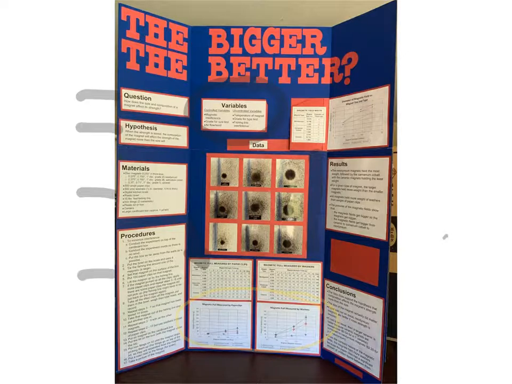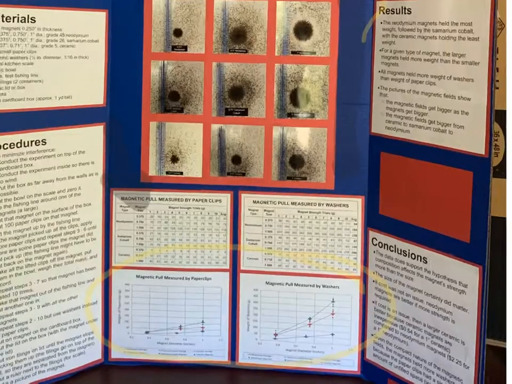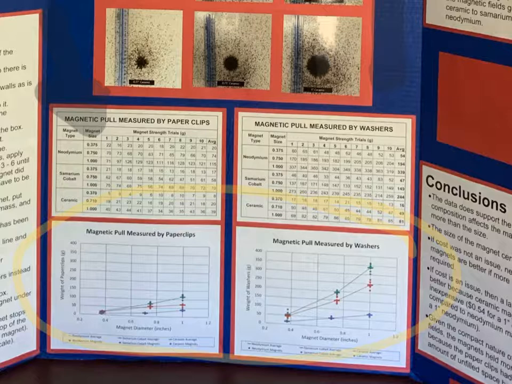But when I take a closer look at graphs, we have two graphs down here, and I'm going to blow them up so that you can see that this graph connects to this data chart and this graph connects to this data chart. So they used magnetic pull and they picked up some washers, and they used magnetic pull and they picked up some paper clips.